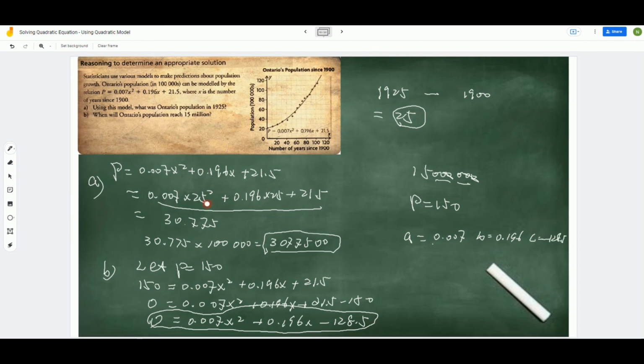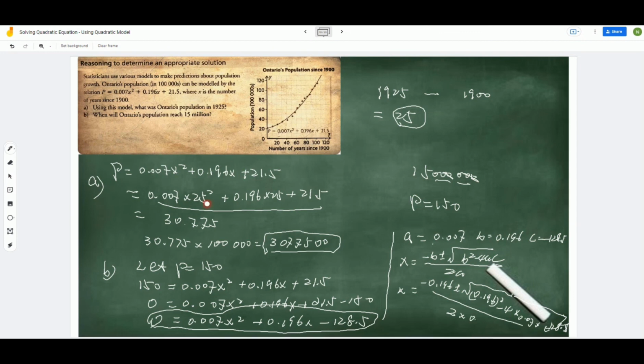We substitute into the quadratic formula: x equals negative b, plus or minus the square root of b squared minus 4ac, divided by 2a. Negative b is negative 0.196, plus or minus the square root of 0.196 squared minus 4 times 0.007 times negative 478.5, all divided by 2 times 0.007.